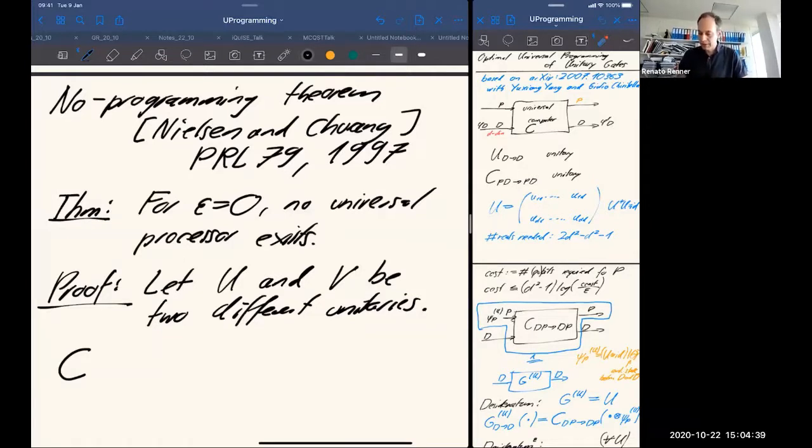So we assume that this whole C operation that I wrote down before, which acts on the data and on the program, is a unitary operation. And now it will actually be useful if I call the output P bar here, just to keep track of what is the input and what is the output.